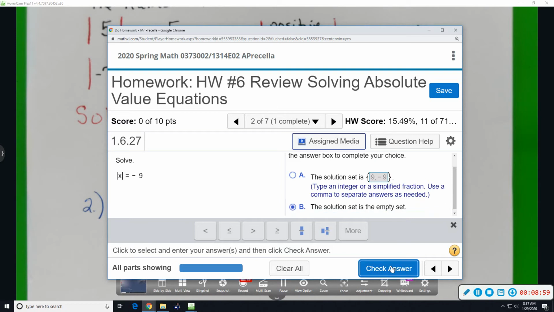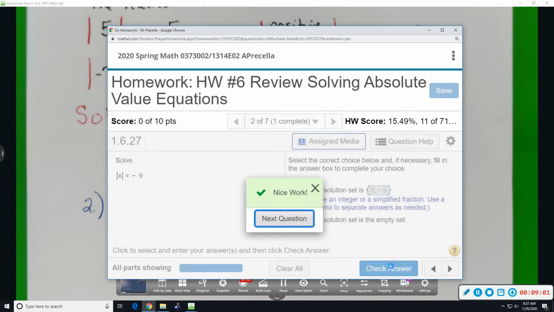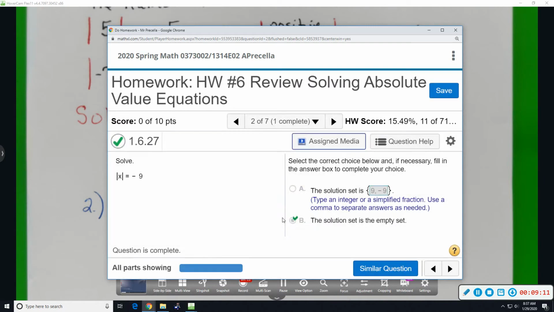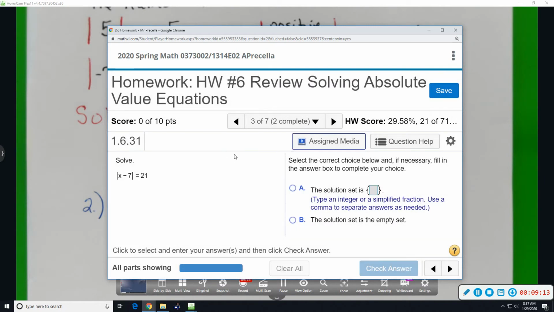It's wrong. So if there's a negative number on the right, it had no solution.